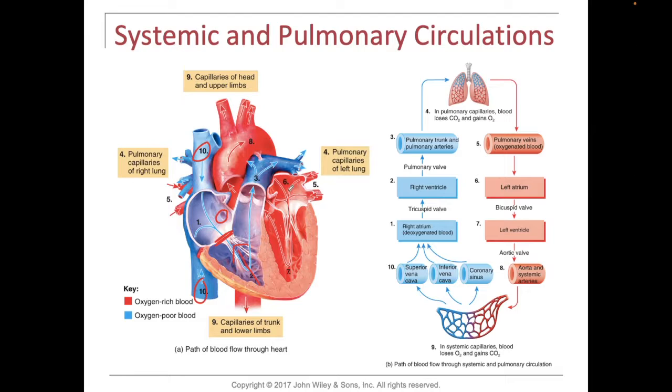Pressure builds and builds. The pectinate muscles contract, plus gravity pushes blood through this valve here called the mitral, aka bicuspid valve, into the left ventricle. Pressure builds and builds.